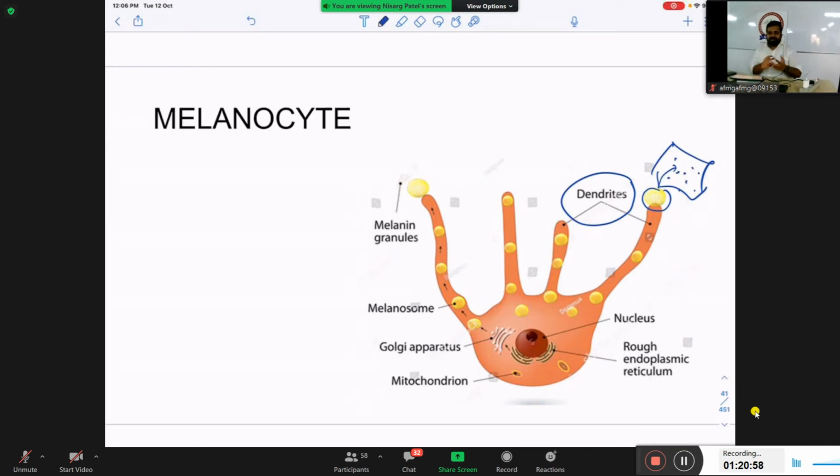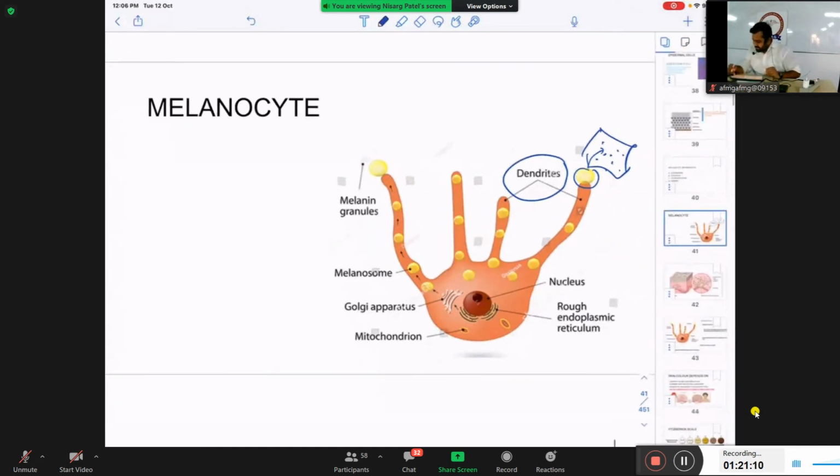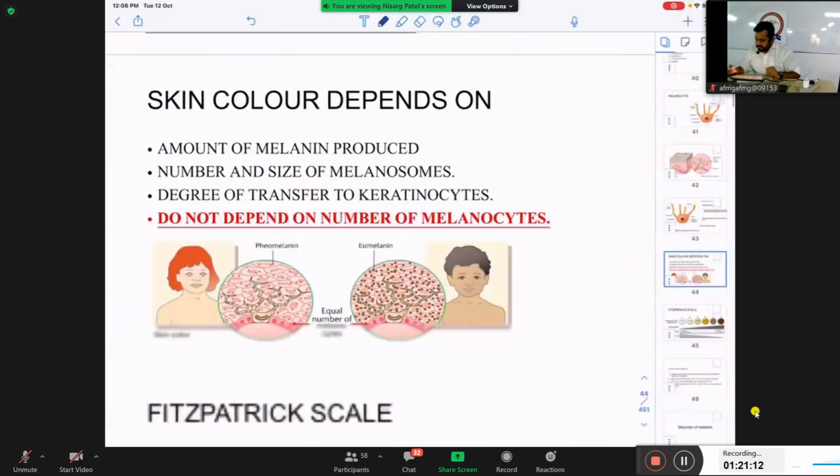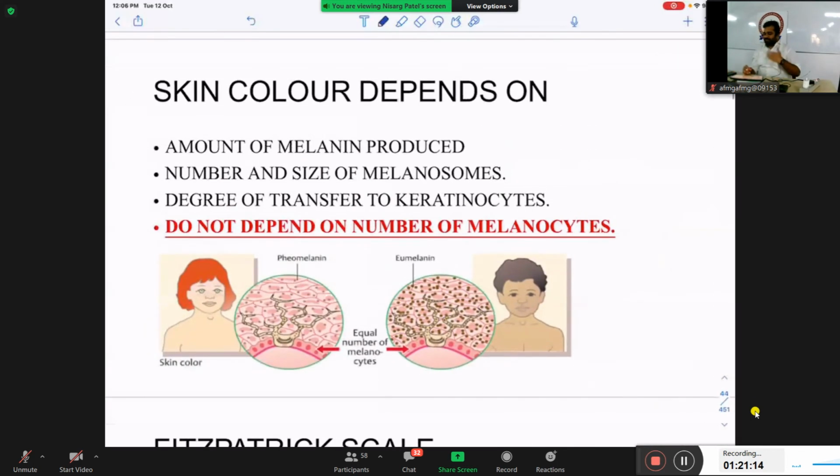But in another person, if the melanocyte is making a very small size melanosome, what will happen? The transfer will be low and this person will develop fair skin. So write down this: skin color depends on the amount of melanin produced, the number and the size of the melanosome, and the degree of transfer.